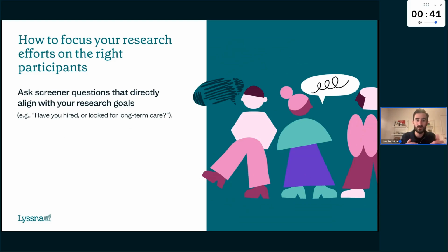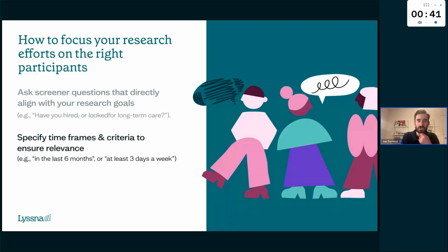So we want to make sure that the questions we're asking, let's say 3 to 5 questions, are highly targeted and highly considered to our research goals and the experiences that we're trying to learn from, not just filling it up with a bunch of extra or less relevant information about the participants. We want to specify timeframes and criteria to ensure relevance.